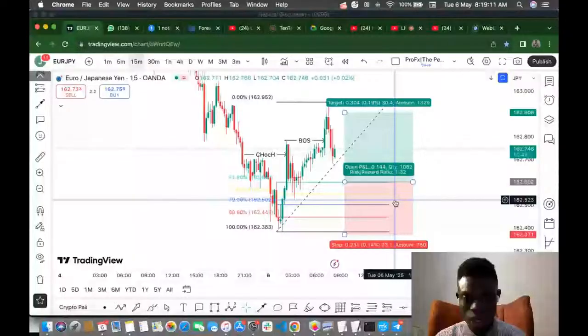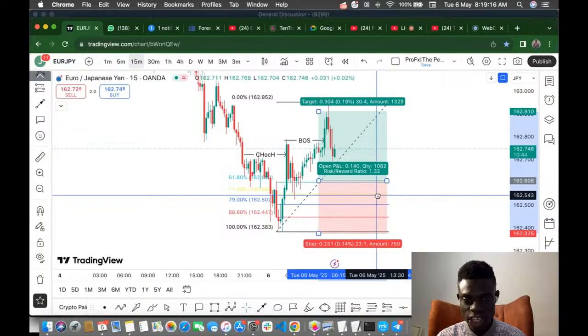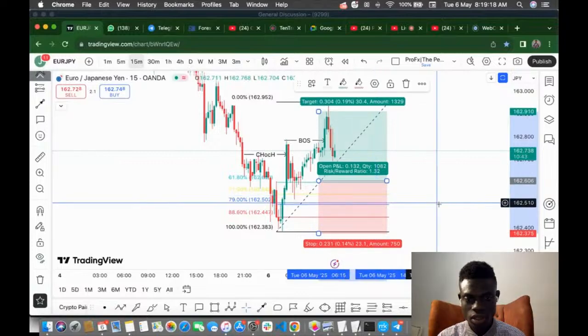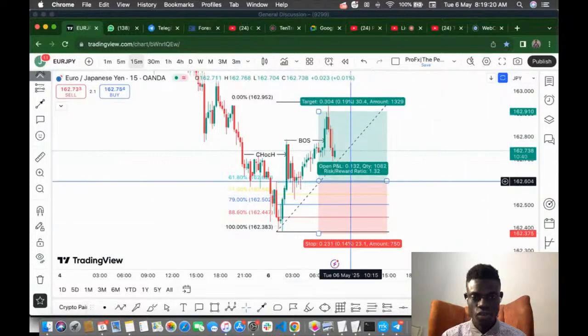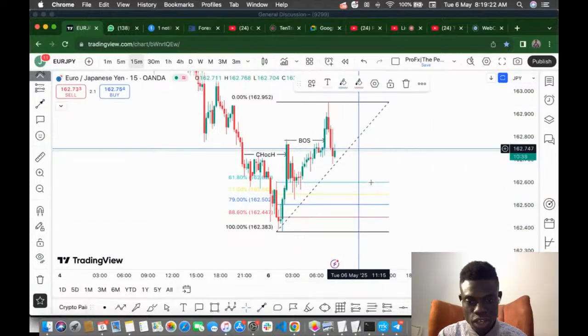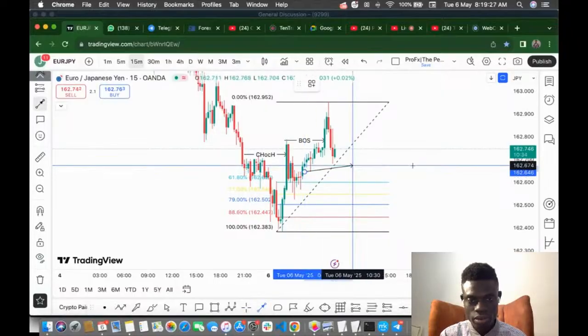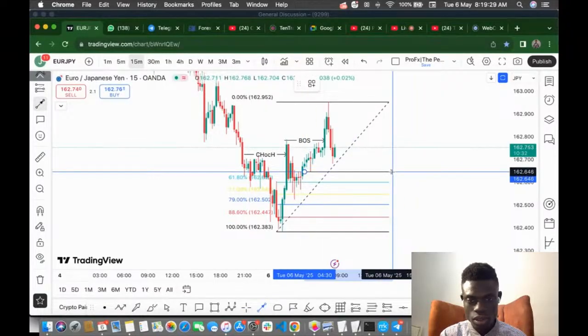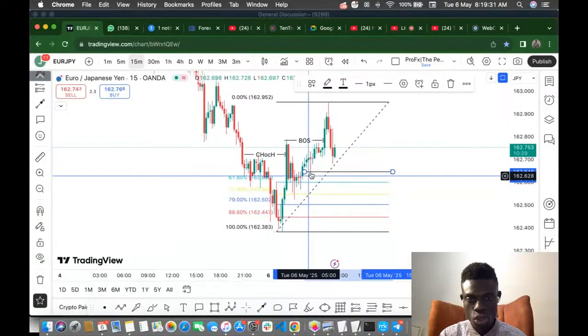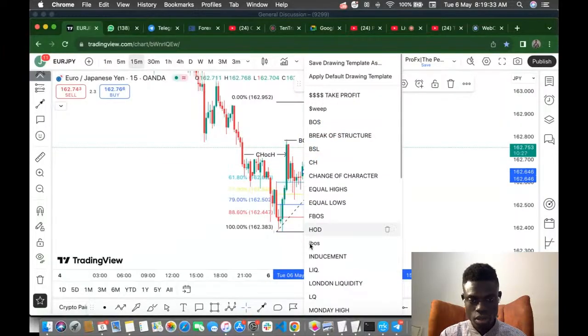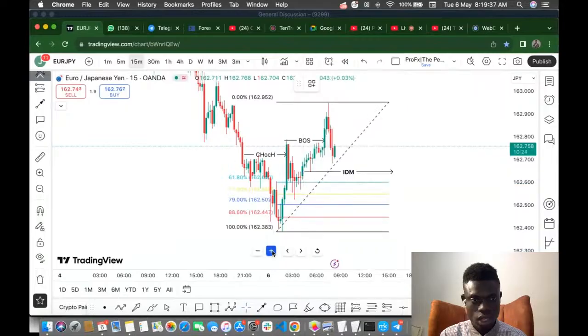EJ, first entry at 61.8. And if you look at it carefully from an inducement perspective, we have inducement here as another block, this low inducement, and below it we have this POI, this block.